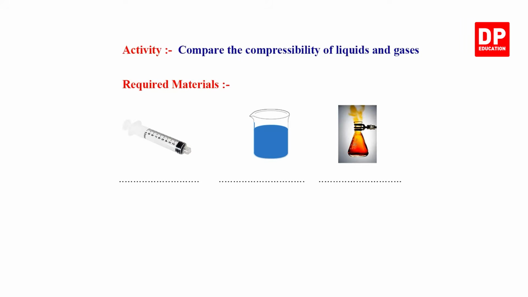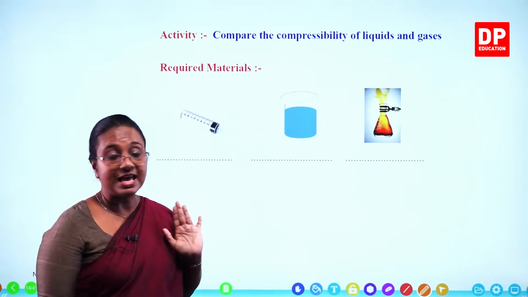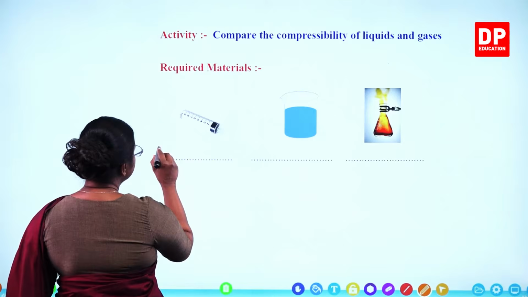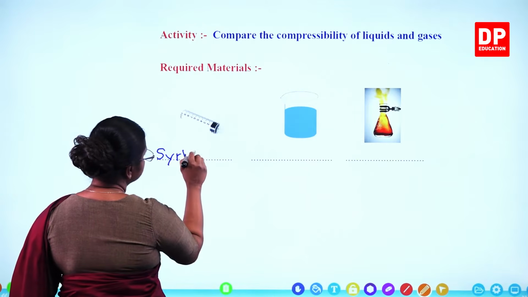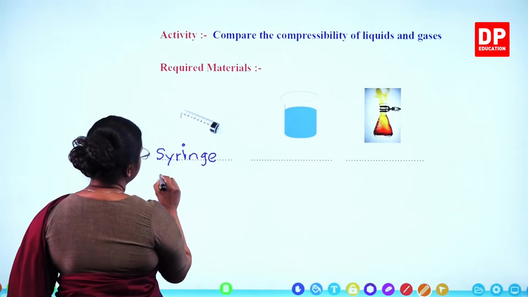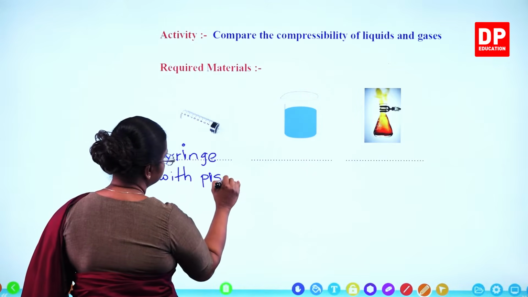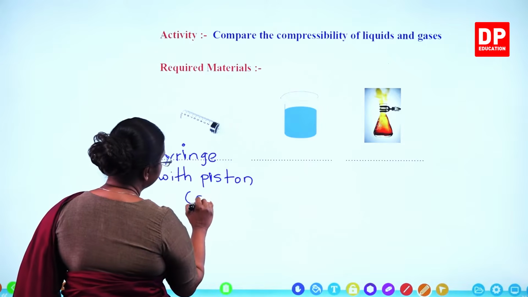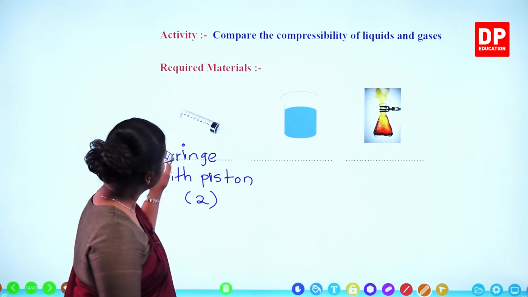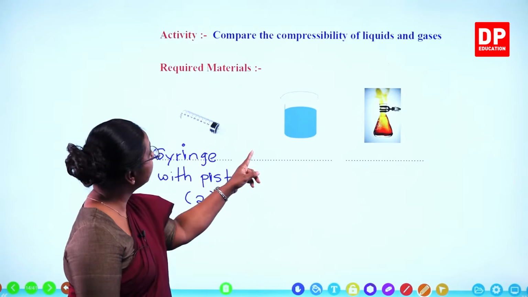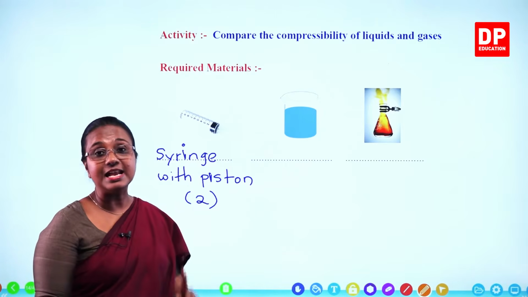So, here we have an activity to compare the compressibility of liquids and gases. This is an activity similar to what I told you. These are the materials that we need. We need a syringe with piston. Here also we need 2 of them, because we need to test the compressibility of liquids and gases.